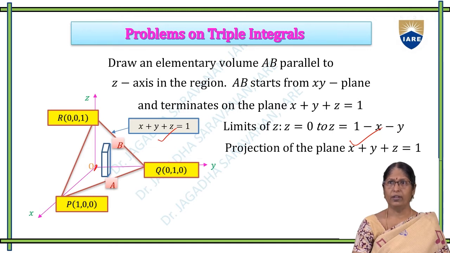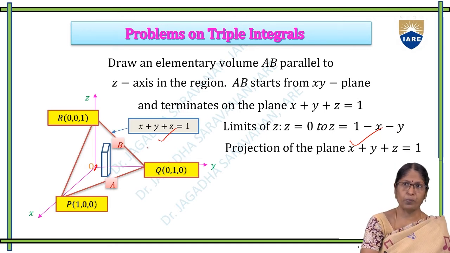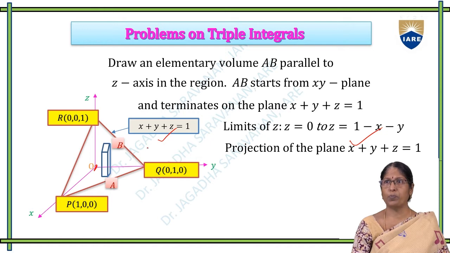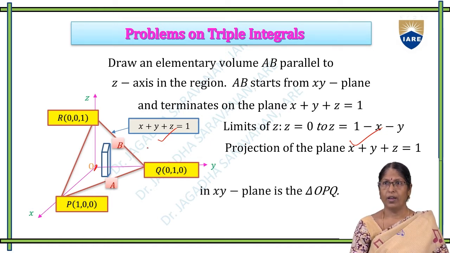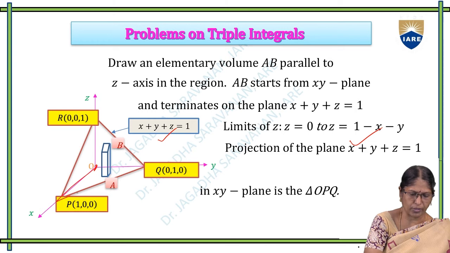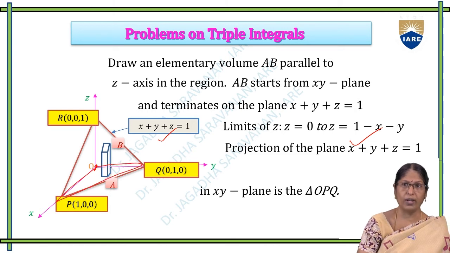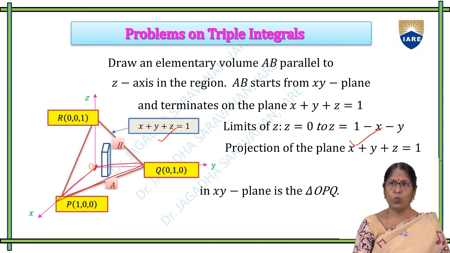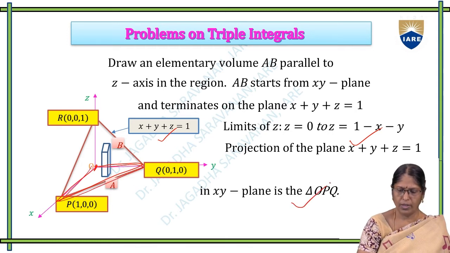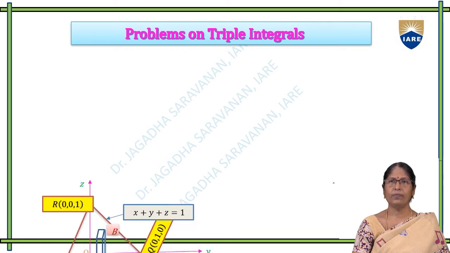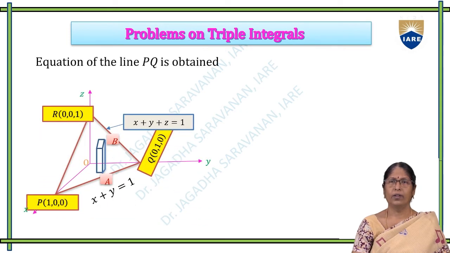Next, we are projecting the plane x plus y plus z equal to 1. And in the xy plane, if you are noticing, the surface is a triangle, named OPQ.